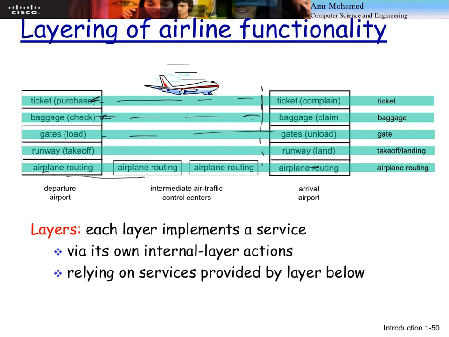For example, in the transport layer, I can use UDP or TCP, and it's totally transparent to the network layer. So if I change the implementation of TCP, do I have to change the implementation of IP? No. You can change the implementation of TCP, and it's totally isolated from IP. So I don't have to provide any modification. If you make any change in any layer, it does not propagate all the way down.